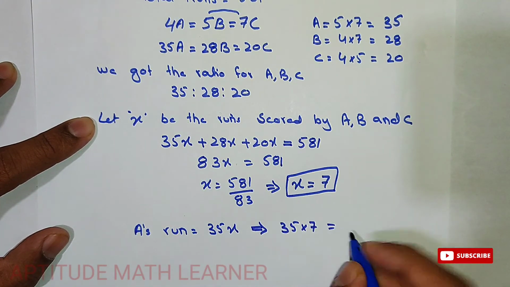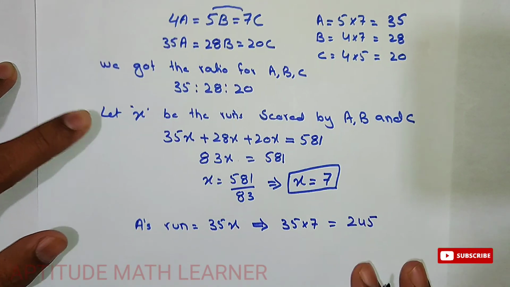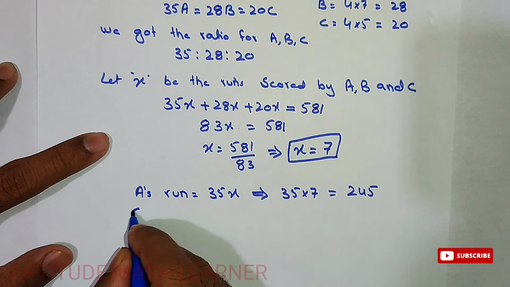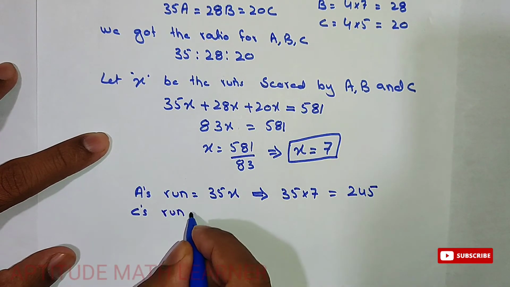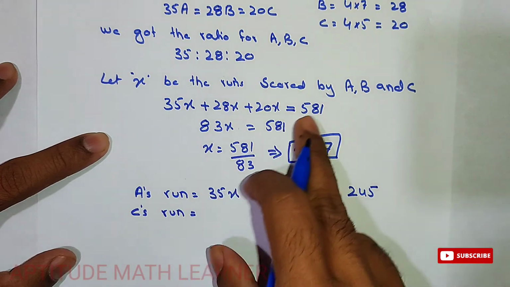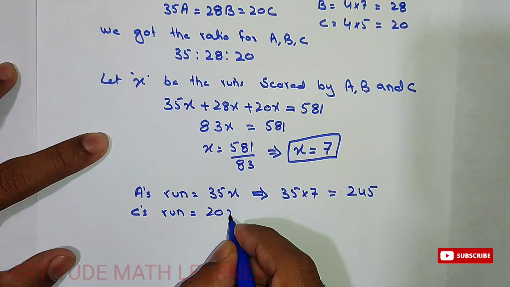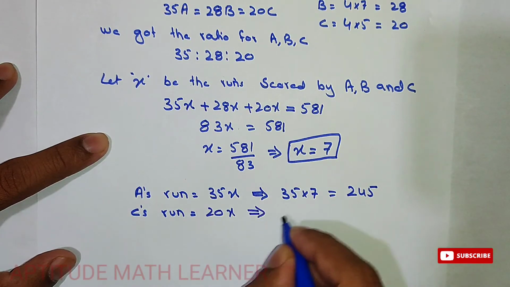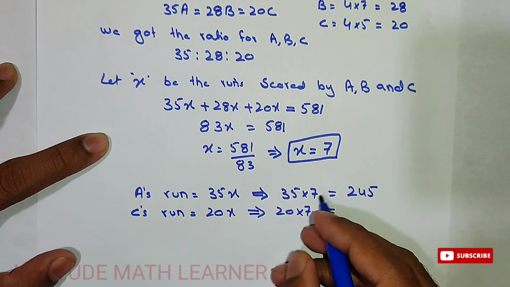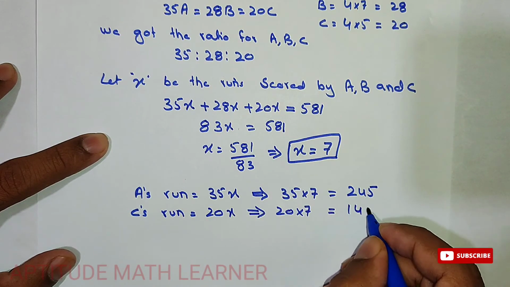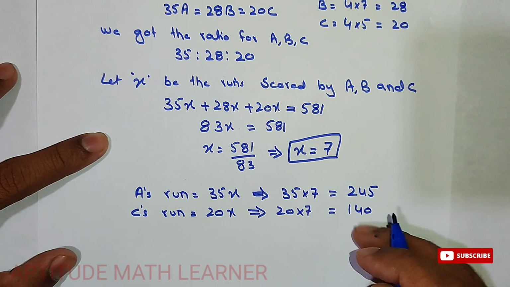This becomes 245. And for C's run, the ratio is 20, so 20x, which is 20 multiplied by 7, equal to 140. So these are the scores of A and C.